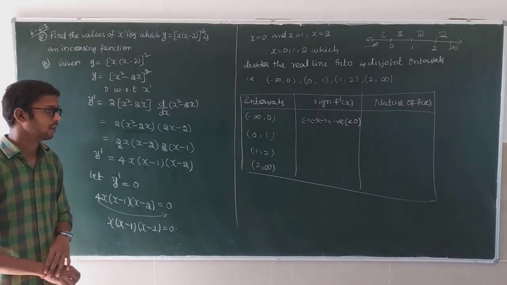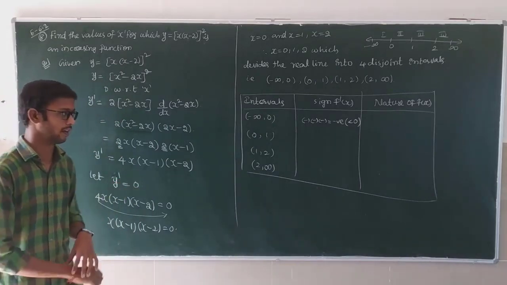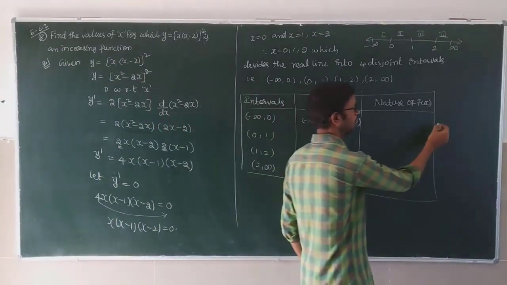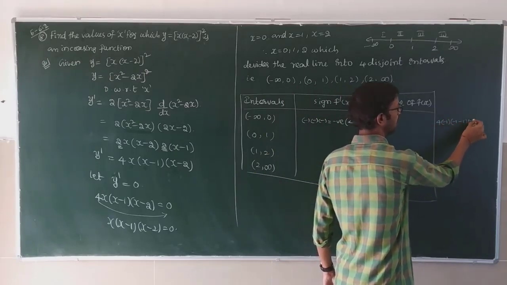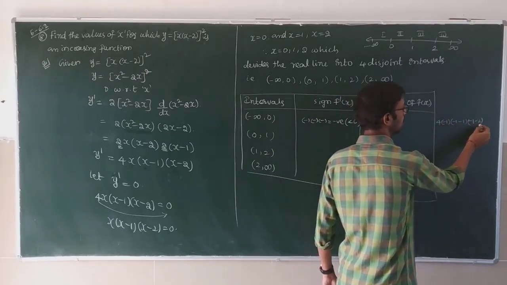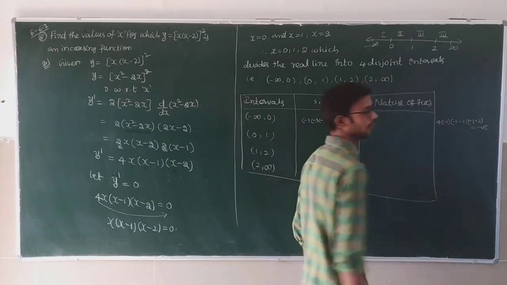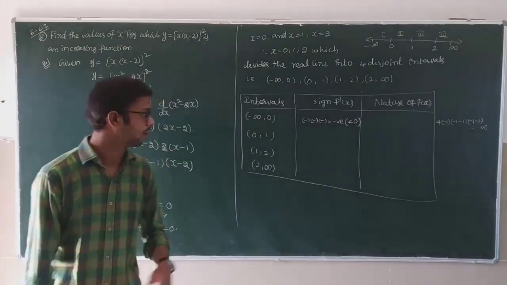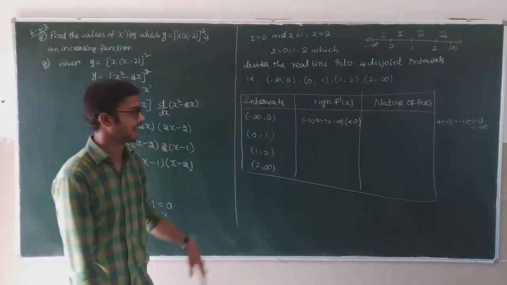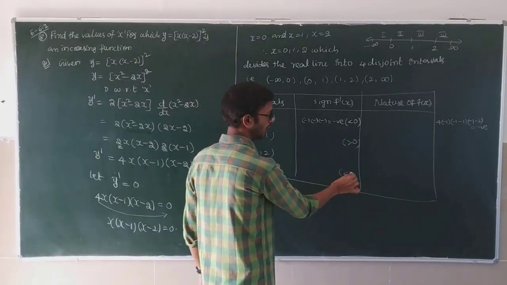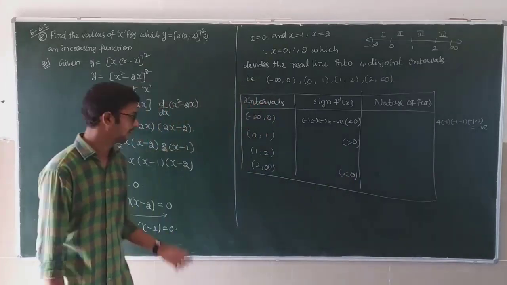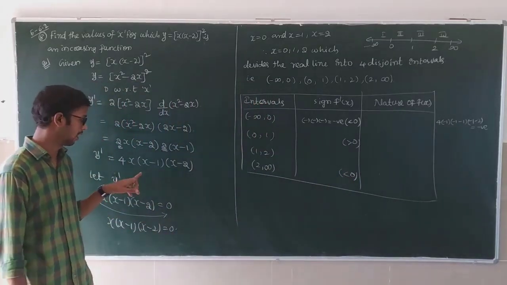Any doubt in substituting here? So in this type, first negative means the next one is positive, the next one negative. Just check once by this.